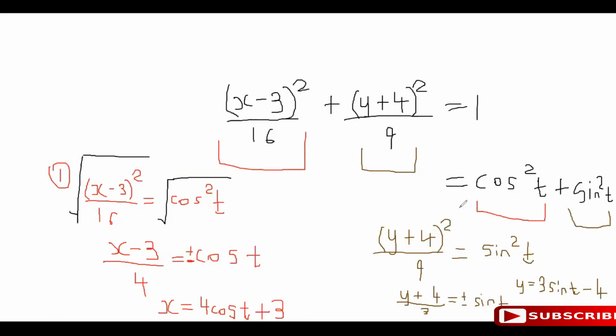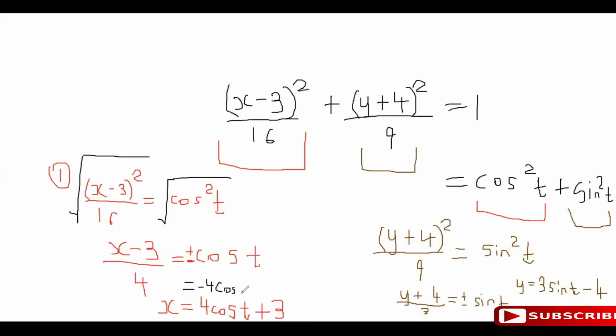And if you're writing down both solutions for the plus or minus, x can also be equal to minus 4 cosine t minus 3. This is for the negative solution.